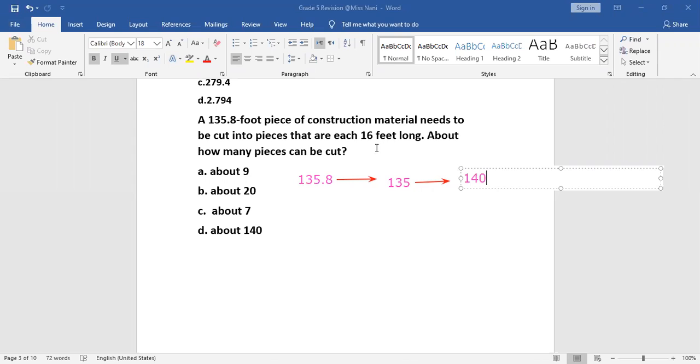Then I will round 16, which will be rounded to 20. So 140 divided by 20. I know that 14 divided by 2 is 7, and 0 divided by 0 will go with each other. So about 7 is the answer. About 7. Let's complete.